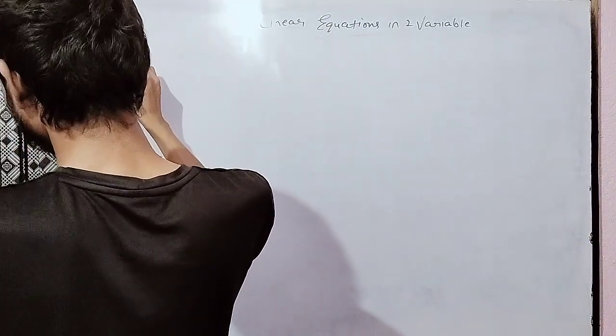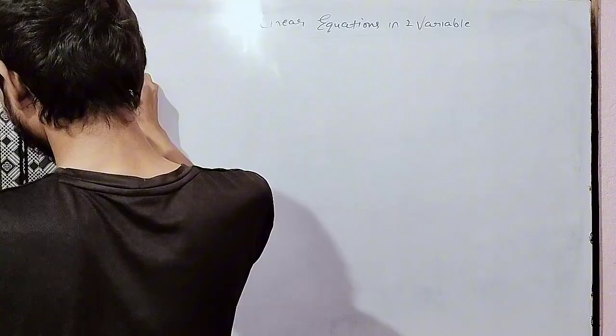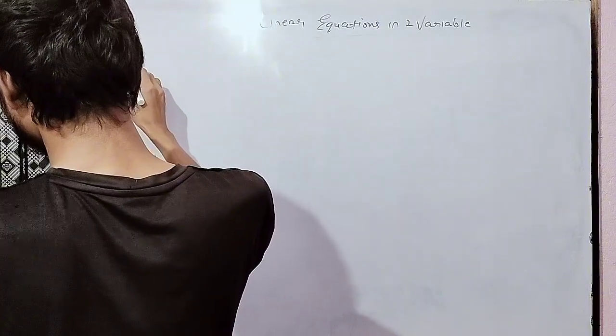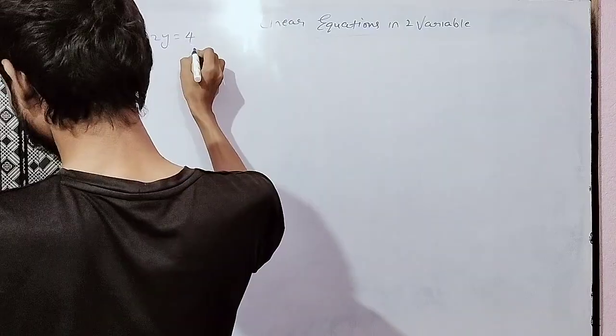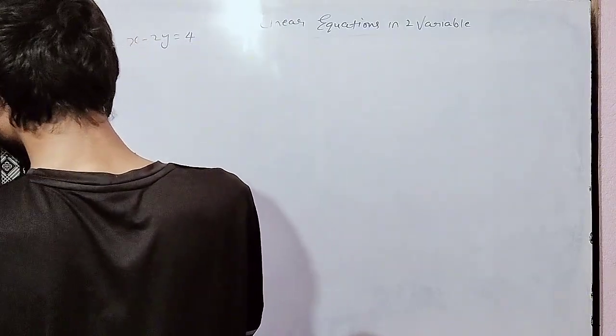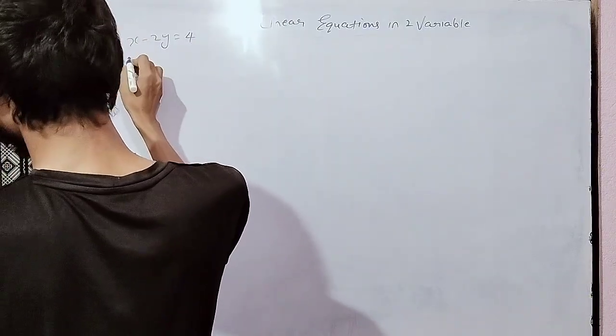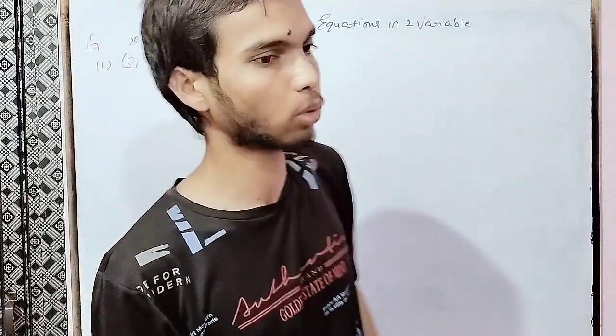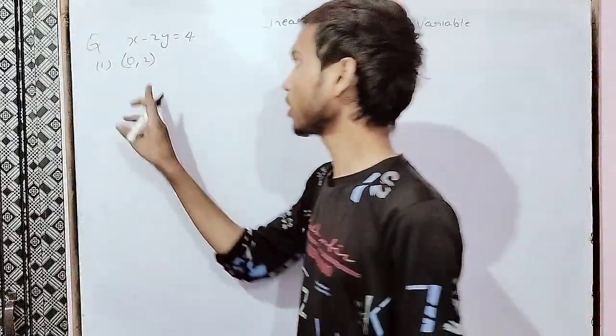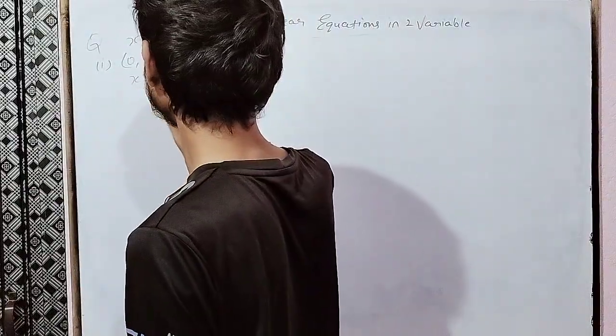The question is, we have been given coordinates. We know that 0 is in place of x and 2 is in place of y, so x is 0 and y is 2.